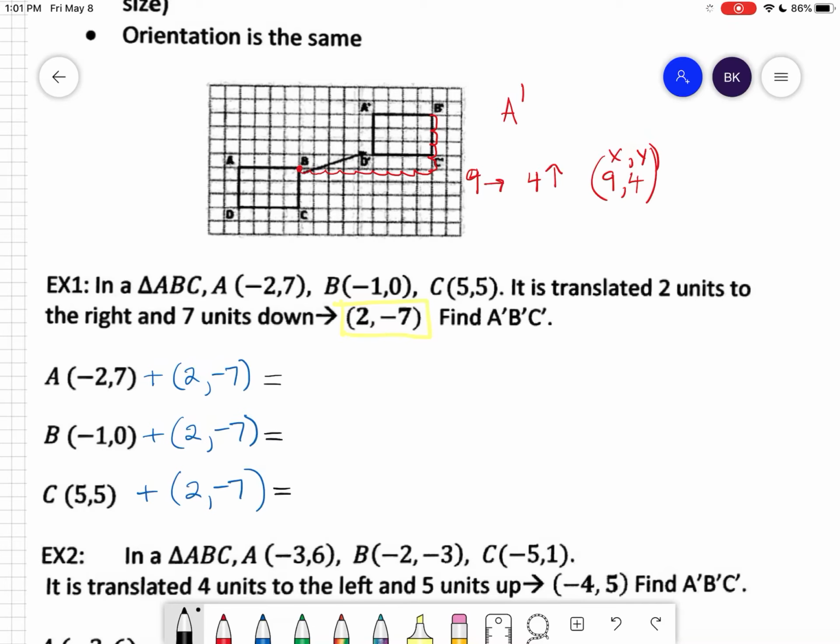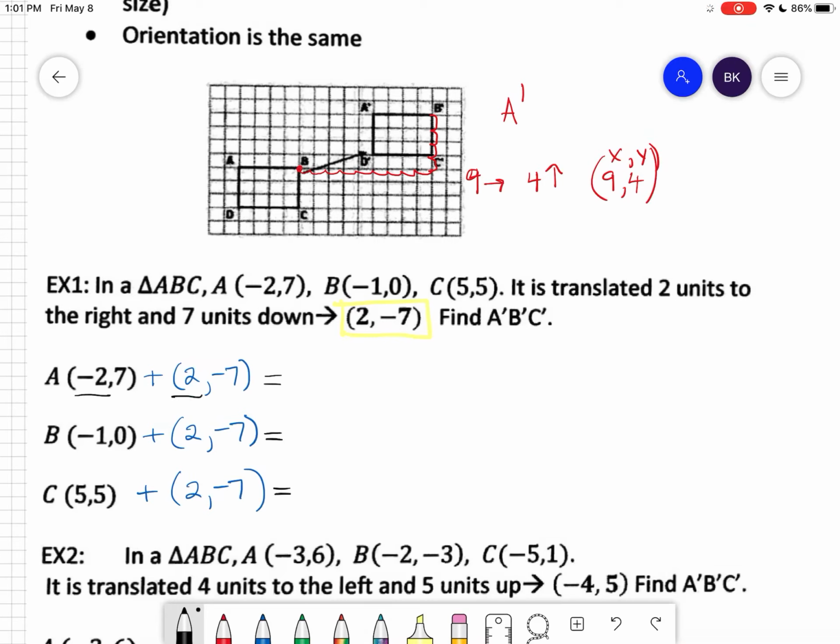So let's quickly figure out what we do. How in the world are we adding two ordered pairs together? Well, simply, we're going to add x's and y's together. Remember our integer rules: same sign, add and keep; different sign, subtract. Remember this song? Let's refresh our memory on that.